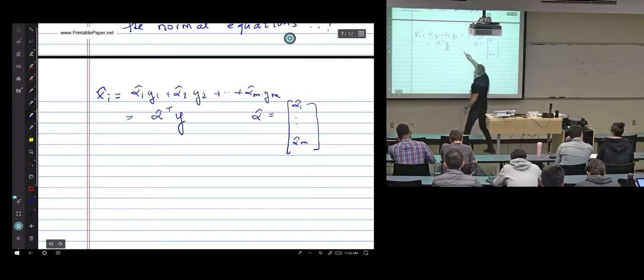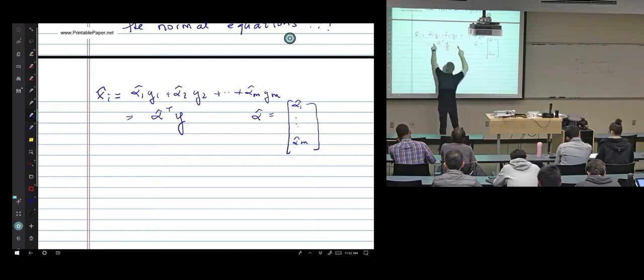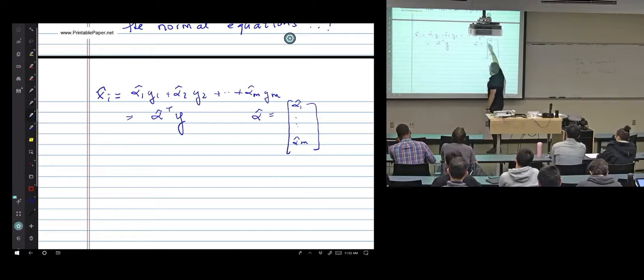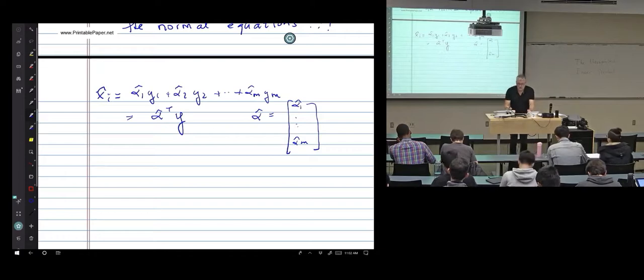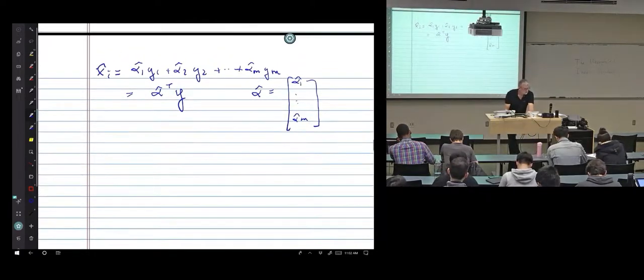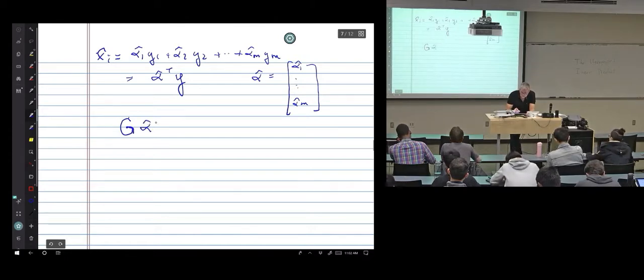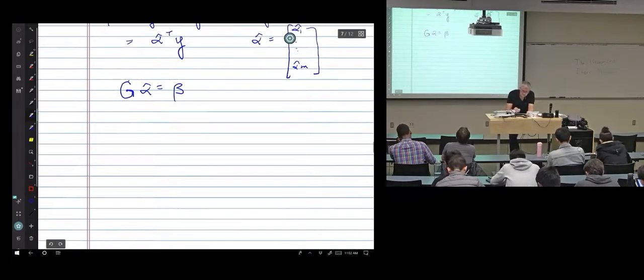Okay, so xi is a row vector times the column vector y to get a scalar. And so the row vector is the transpose of this. Okay, and then I have that the alphas satisfy G alpha hat equals beta. I can put the transpose here if you like it. We can take it out if we don't like it, because G is symmetric.